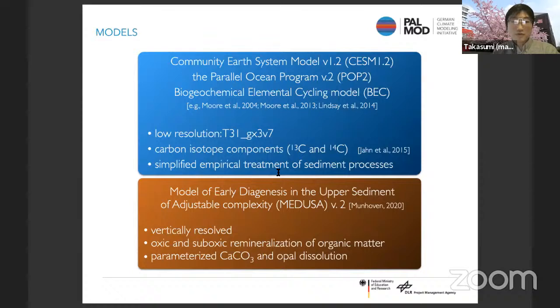For the sediment model, we employed MEDUSA, developed by Guy Munhoven. This model has an explicit vertically resolved structure, and it can handle oxic and suboxic remineralization of organic matter. It also has parameterized calcium carbonate and opal dissolution processes depending on the chemical composition of the surrounding water.